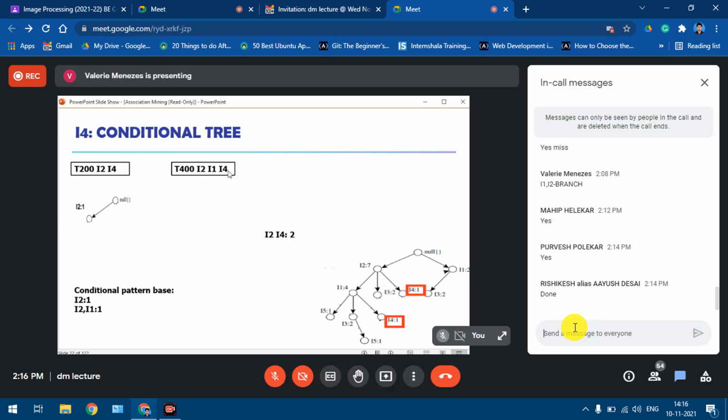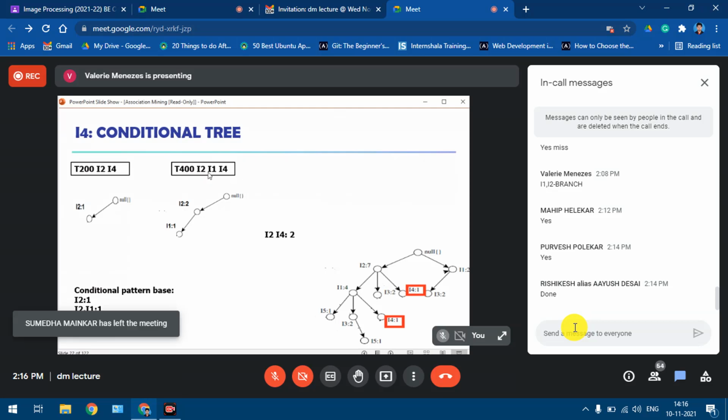Again, I4 is not plotted, but I2 we have. So here I2, I1. Since I2 is already there, we just create a branch from I2 for node I1 and we update the count of I2 to 2 and I1 as 1. Why is I2 updated as 2? Because it traverses through node I2 twice. One for this transaction, second for this transaction.